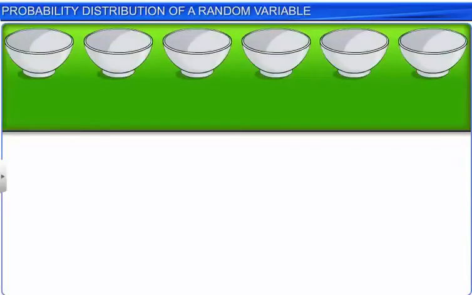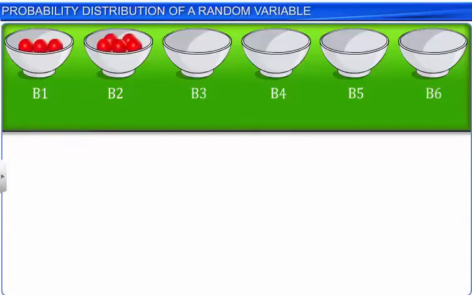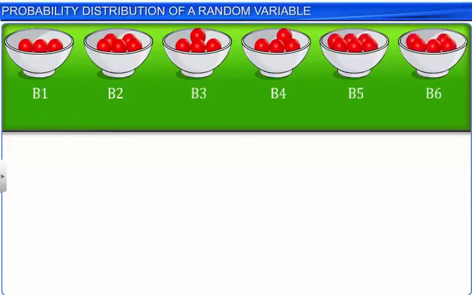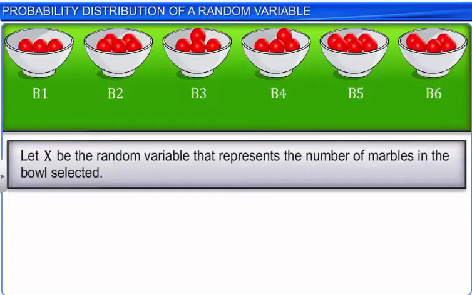Consider 6 bowls, namely B1, B2, B3, B4, B5, and B6. Let these bowls have 3, 5, 4, 4, 6, and 5 marbles respectively. Let X be the random variable that represents the number of marbles in the bowl selected.